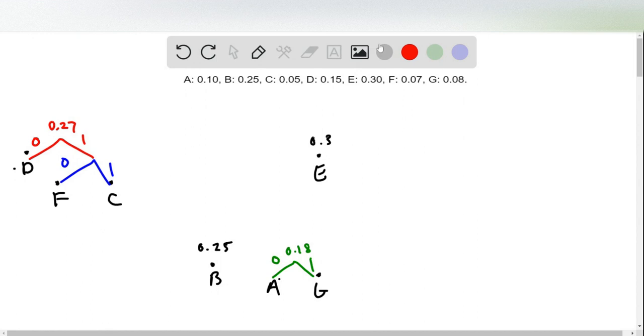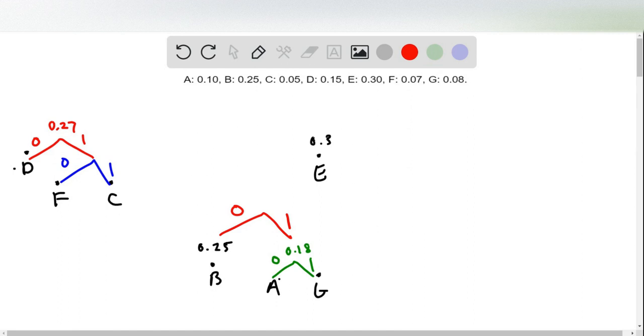So now we create a new tree for this pair. So that would be B on the left since it's more frequent, and then the AG tree to the right since it's only 0.18. Right, so we have 0, 1.